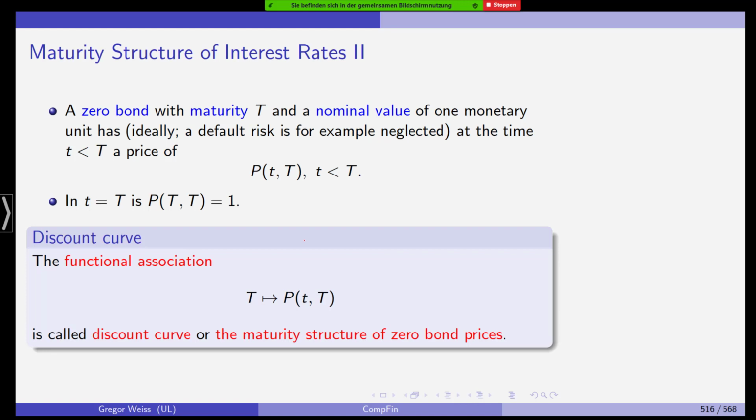Now, we start with a zero bond as a very simple type of a bond, which is sometimes emitted by governments. Then you have sovereign bonds, government bonds.